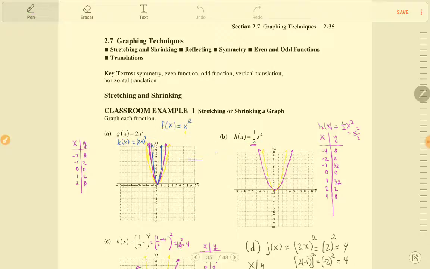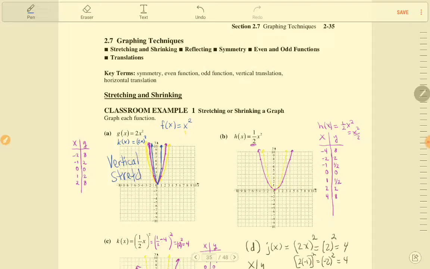And when we have that, we call that vertical stretching when the coefficient is greater than 1. And we call it vertical shrinking when the coefficient is between 0 and 1.